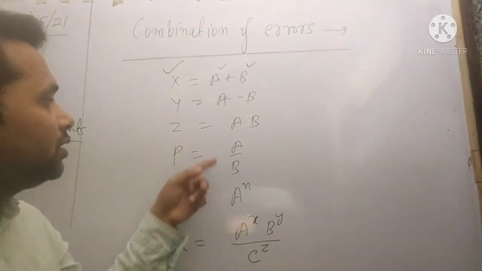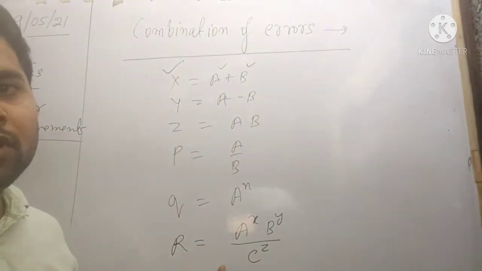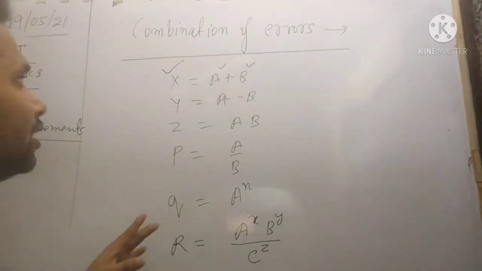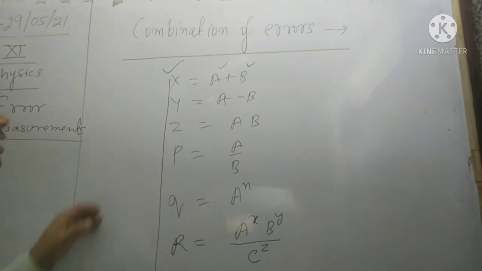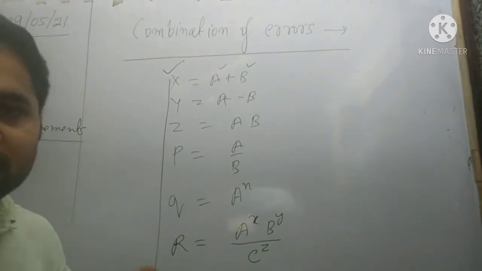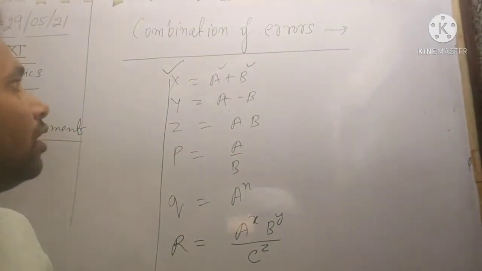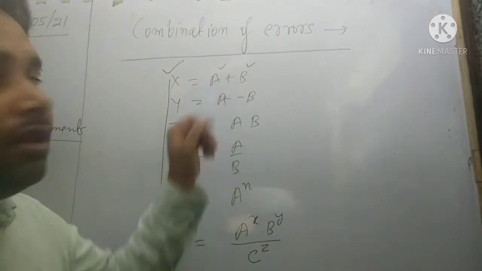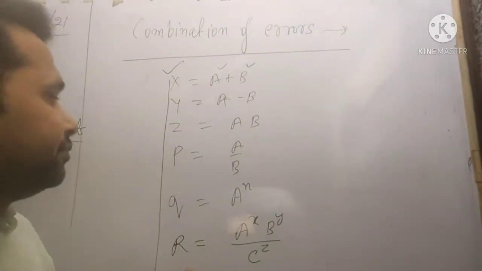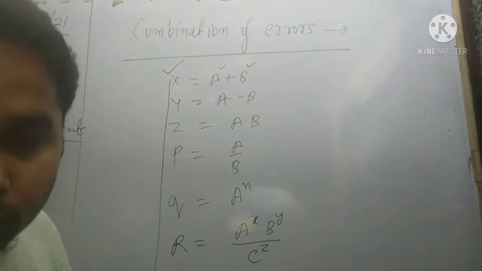Similarly, in product, division, power, and this is the general rule. Finally, we have to find the error in the results. Results मतलब like in x, y, z, p, q, r. इन सब में परसेंटेज एरर कितनी होगी या एरर कितनी होगी when we have the error in the given quantities like a and b and c also in this last. Okay, so let's see one by one.